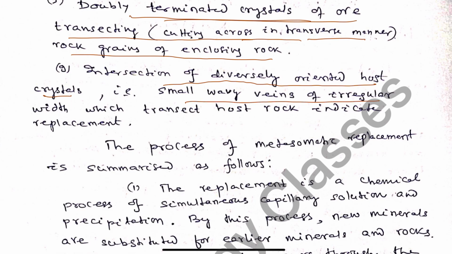Small wavy veins of irregular width which transect host rocks indicate replacement. So all these are related to reaction between the ore bearing fluid and the country rock.